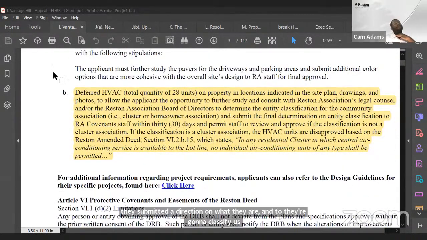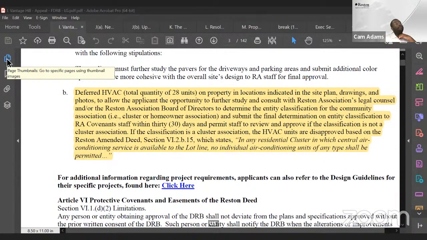We have not formally received a confirmation on what they will classify themselves as, but we have communicated Resident Association's position on being a cluster, having access to RELAC per the deed, or classifying themselves as another entity, which would negate their requirements to be a part of RELAC and have accessibility to HVAC units.